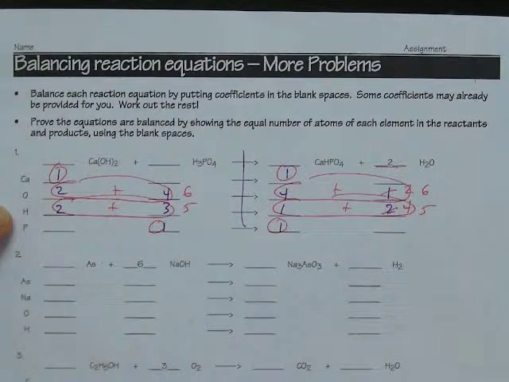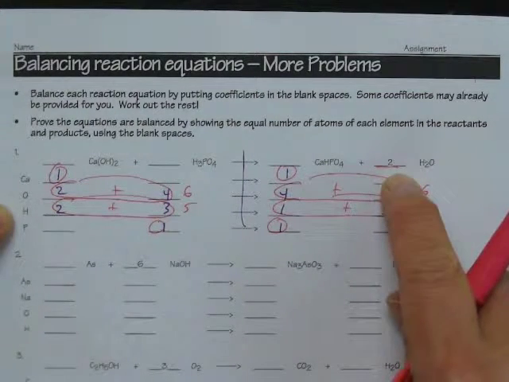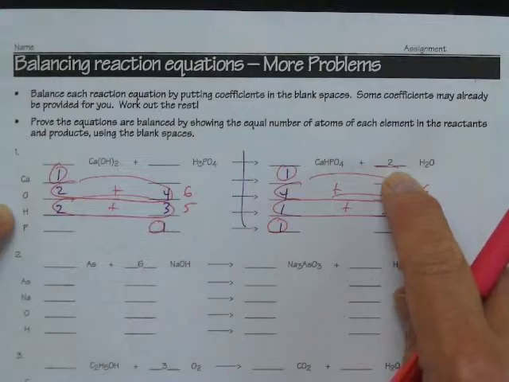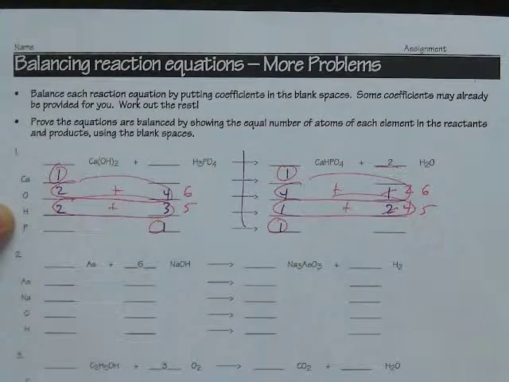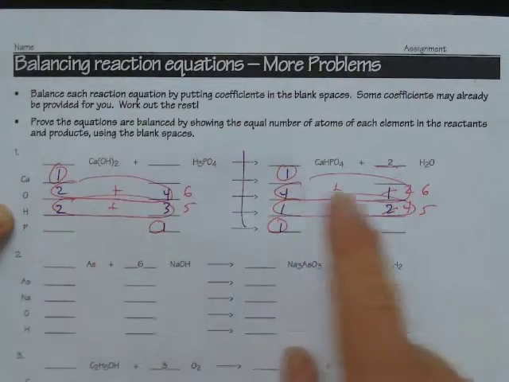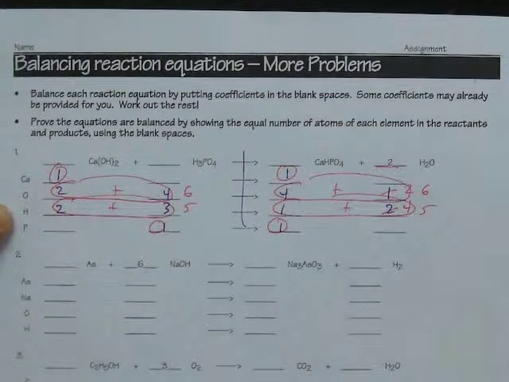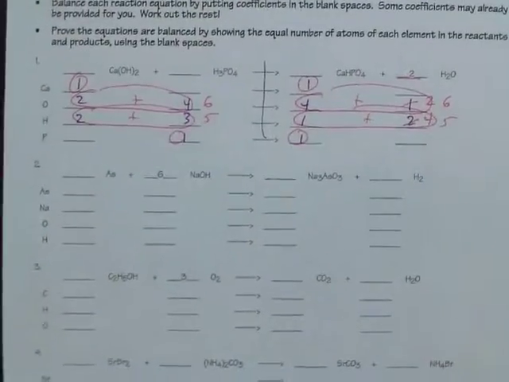This one is already balanced because of this coefficient, the 2. We're trying to figure out what numbers to put up here to multiply the formulas so that the number of atoms of each element is equal on both sides, the reactants and the products. So we don't have to do any more work on that one. Let's try the next one.